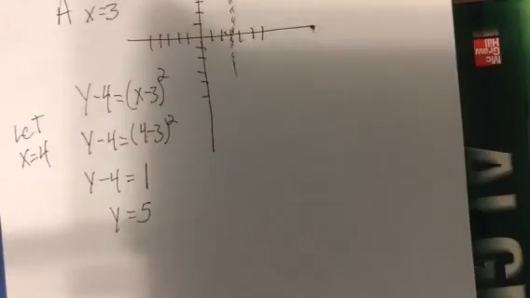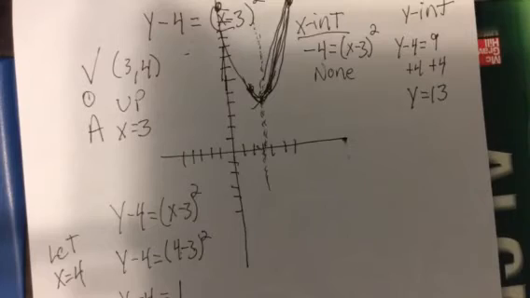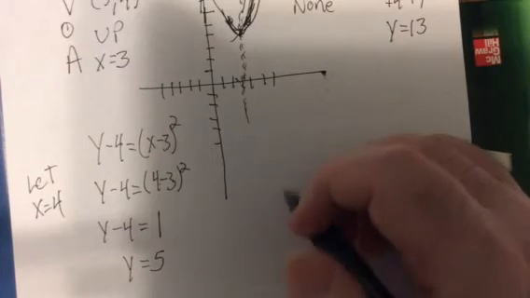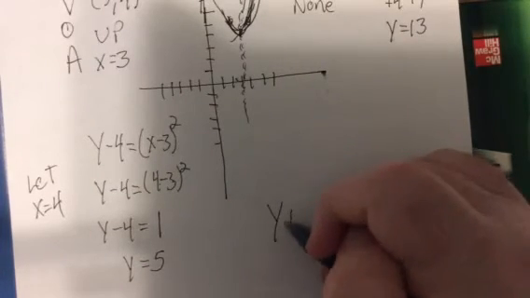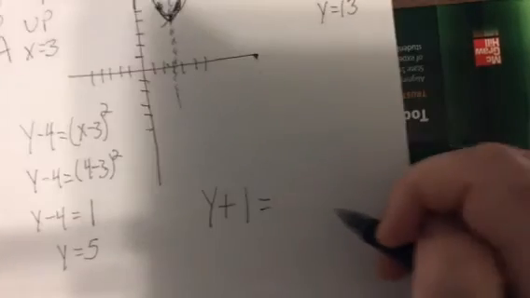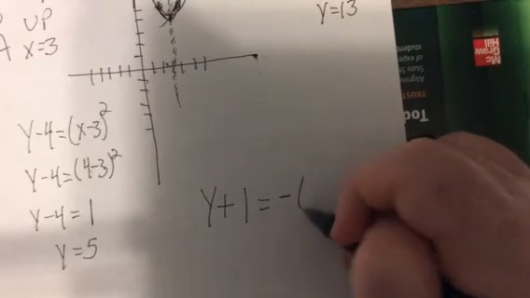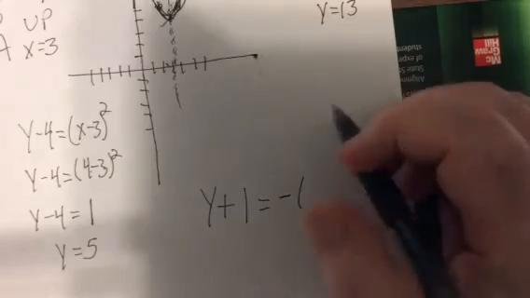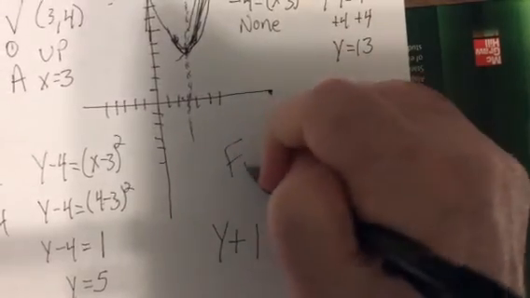So, what I would like you to do is re-watch this again, looking over the problems. And I'd like you to graph these two problems, but don't have them done until Friday. I will have the answers to this on Friday.